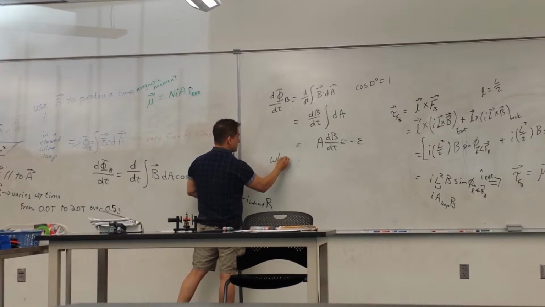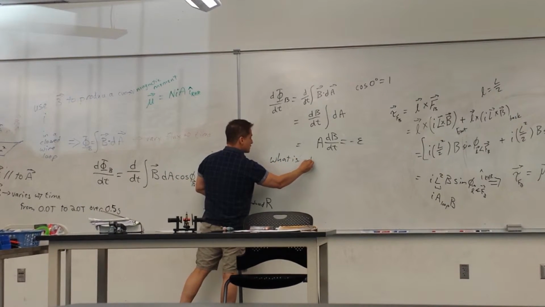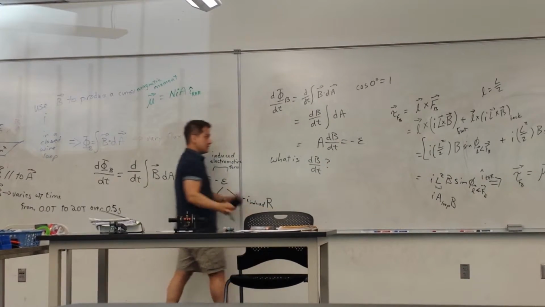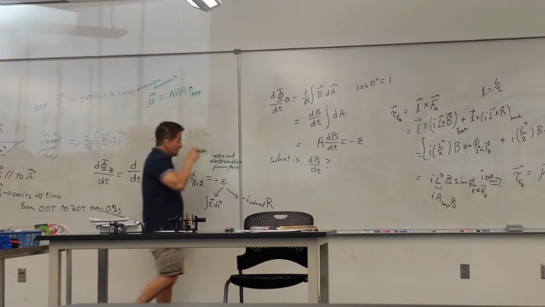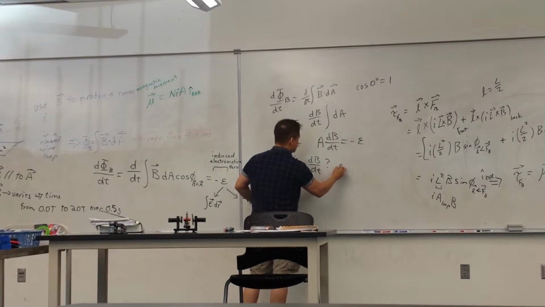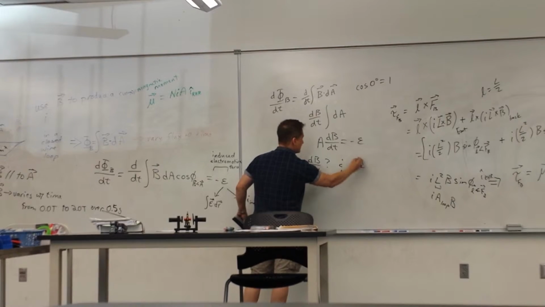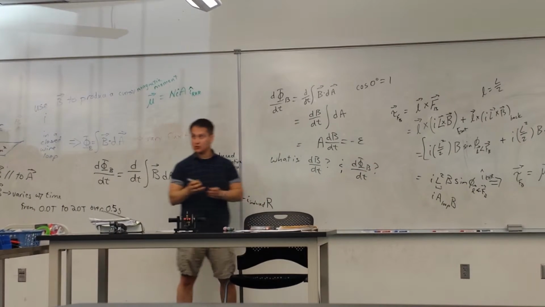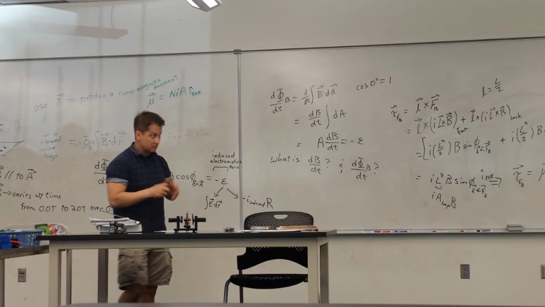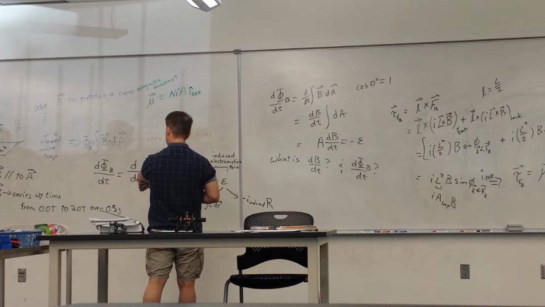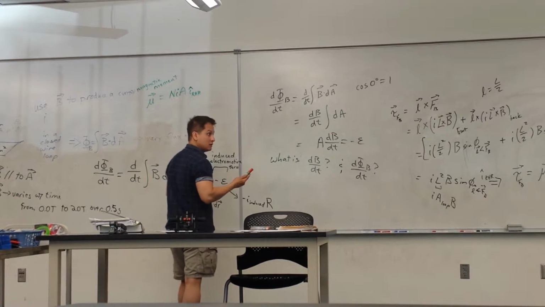So, first of all, what is dB/dt? And if you will, dΦ/dt. Let's put some numbers with this. So we have 2 divided by 0.5.